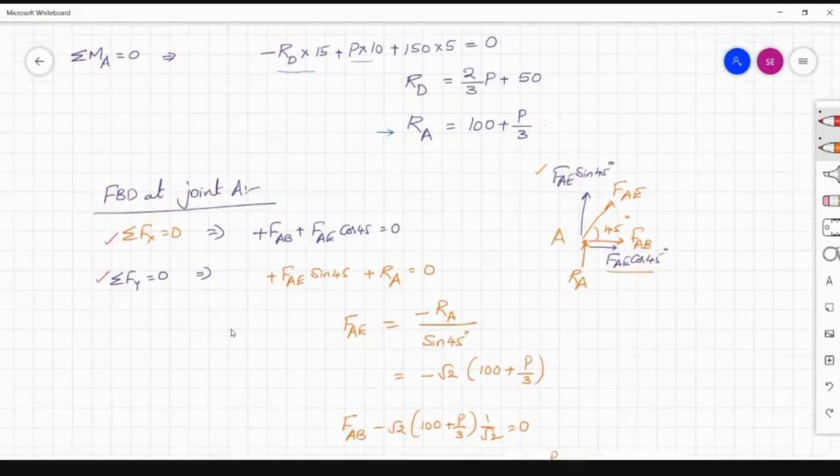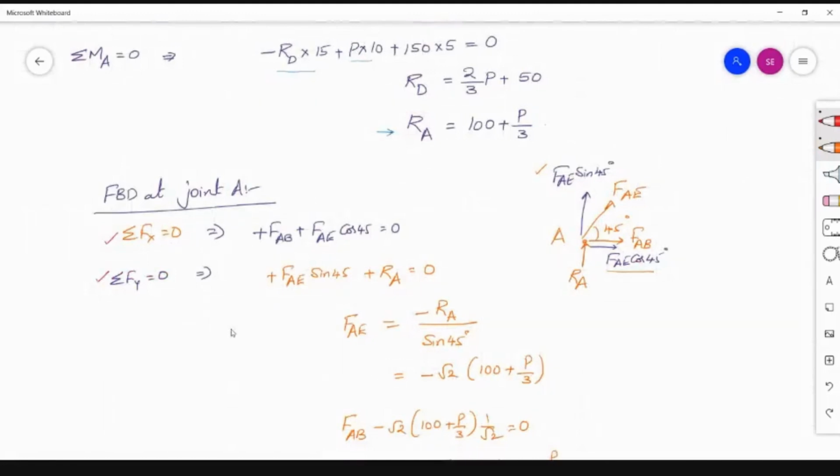Sigma Fx equal to 0: FAB plus FAE cos 45 equal to 0. Sigma Fy equal to 0: FAE sin 45 plus RA is equal to 0. Now we get the force in AE, which is minus root 2 into 100 plus P by 3, which is compression.